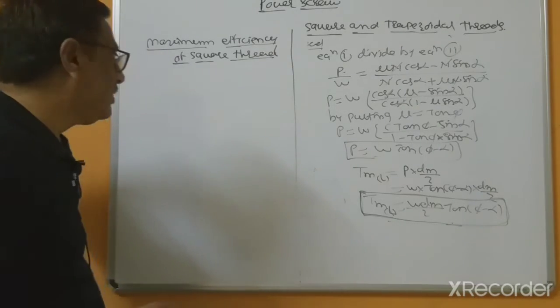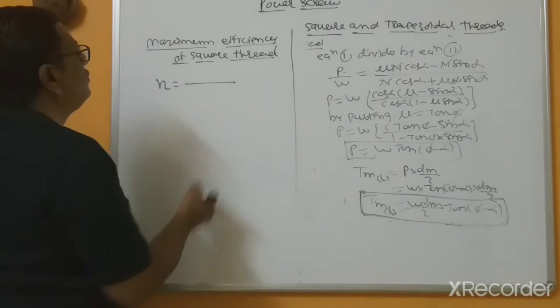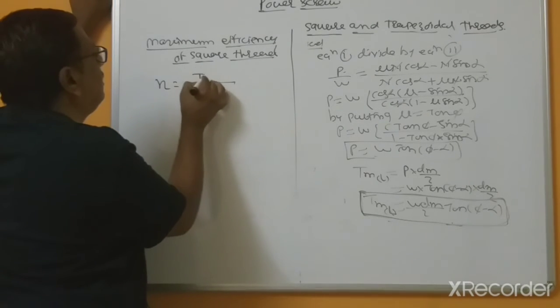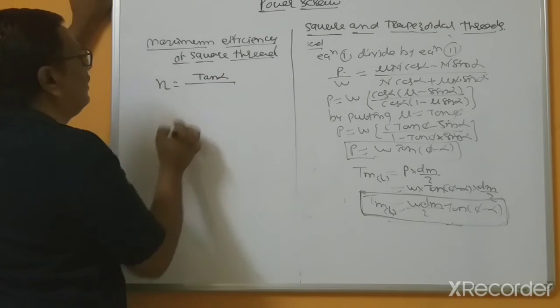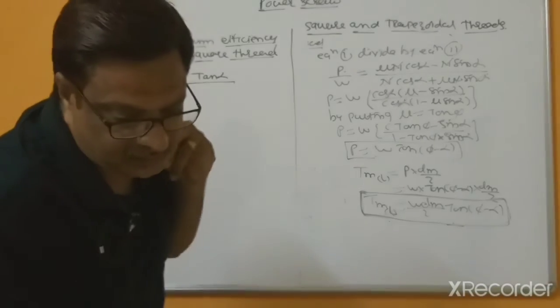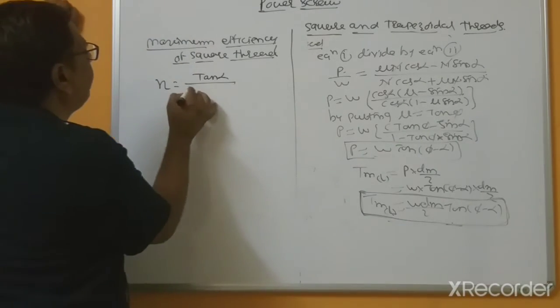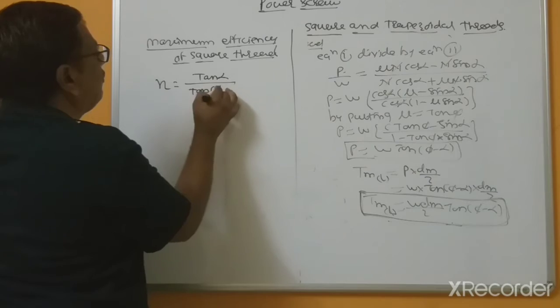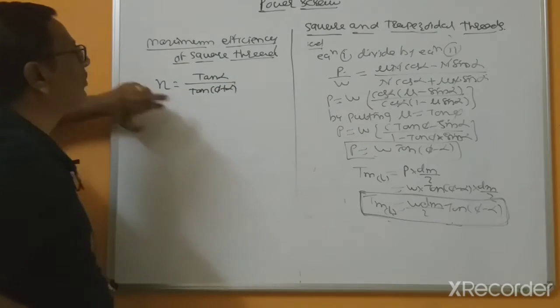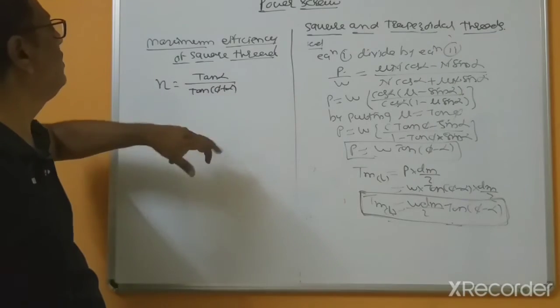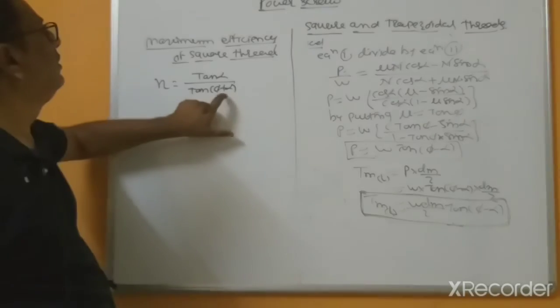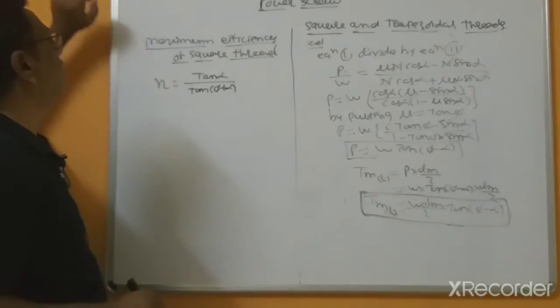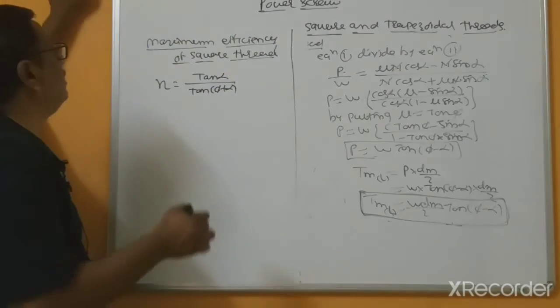So here efficiency equal to, we can use the formula tan alpha divided by tan (phi plus alpha), because this is the input and this is the output, since the load is to be lifted.